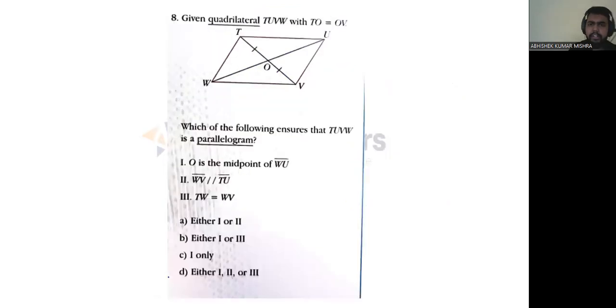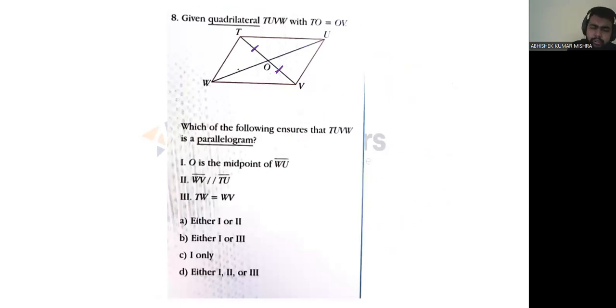I hope you understood. After that, again, you need to see the condition. In a parallelogram, the diagonals bisect each other. It is already given that TO is congruent to OV, right?